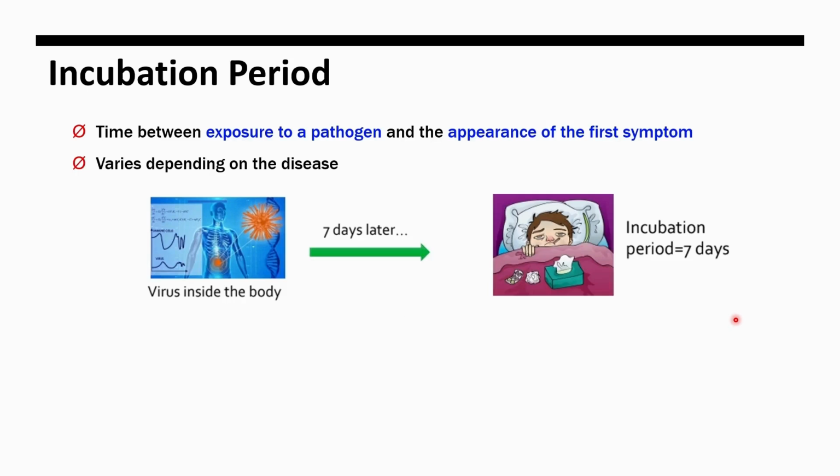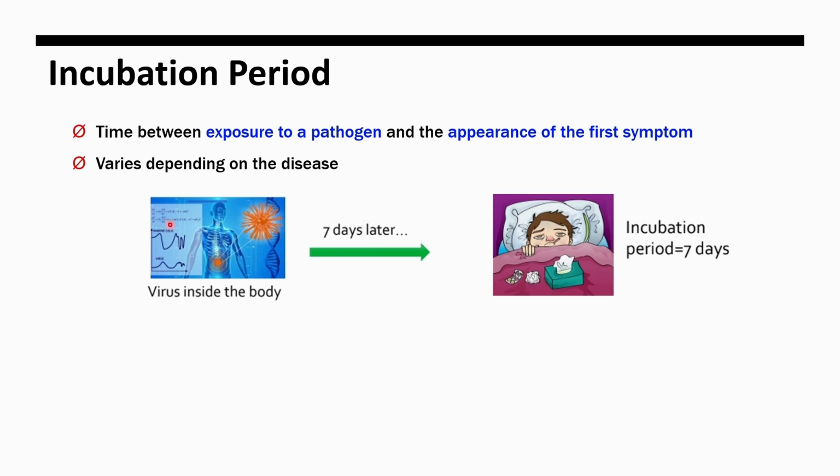Before we talk about the diseases, let's be familiar with this term, incubation period. The incubation period is the time between the exposure to a pathogen and the appearance of the first symptom. The incubation period depends on the disease or the pathogen that is causing the disease.